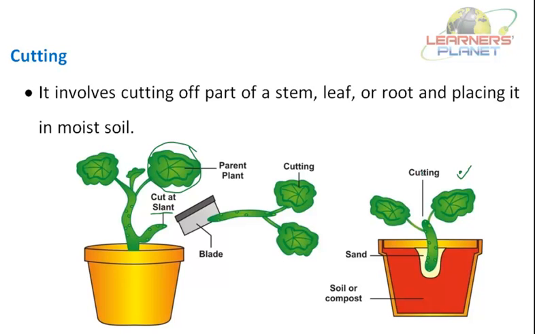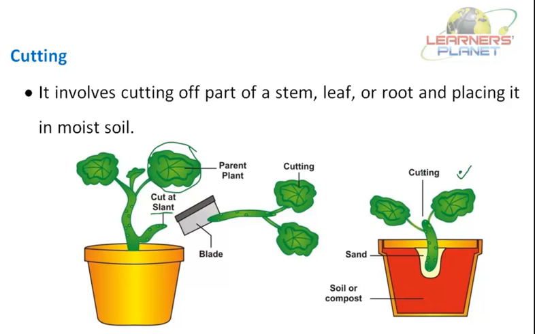It is possible to produce new individuals from certain plants by putting the cut end of a shoot into water or moist soil. A shoot means the stem, not the root, because it is the shoot system.